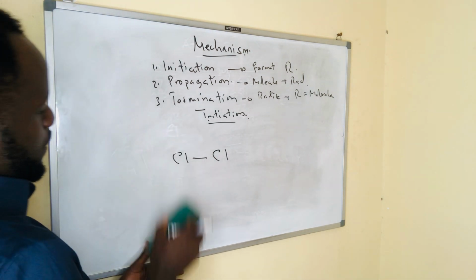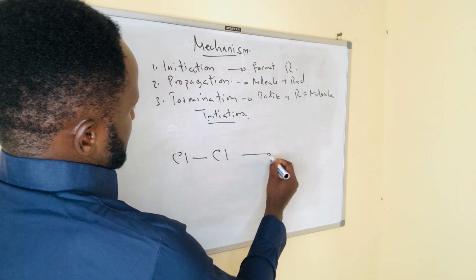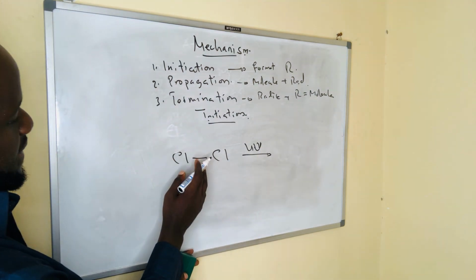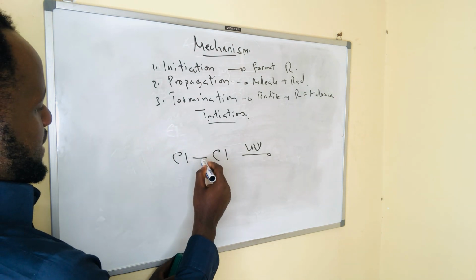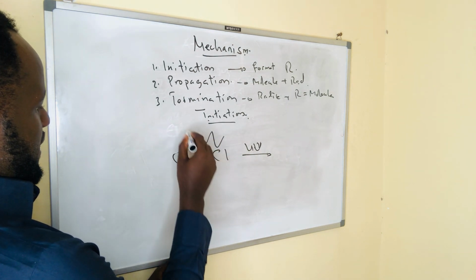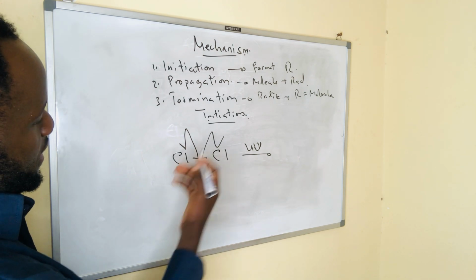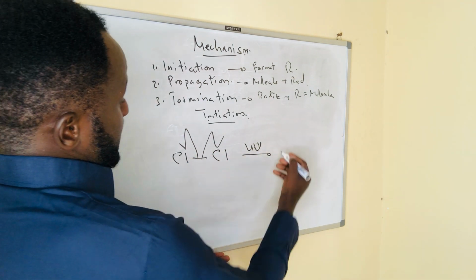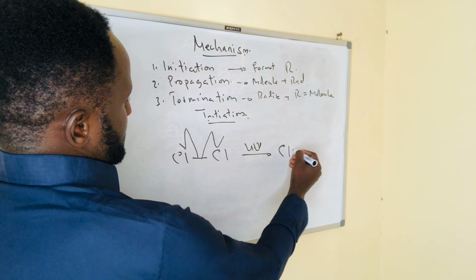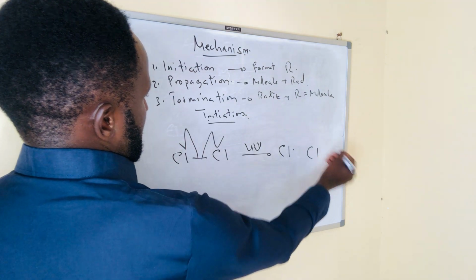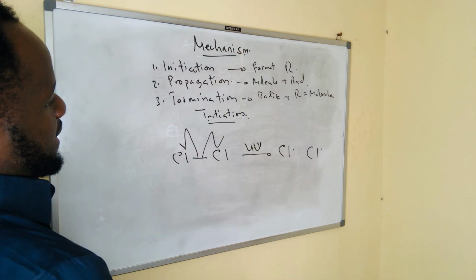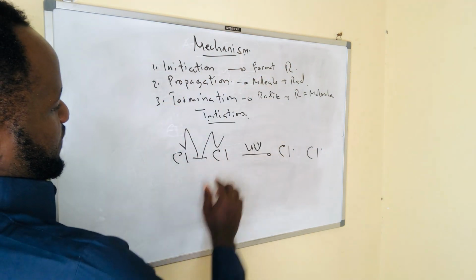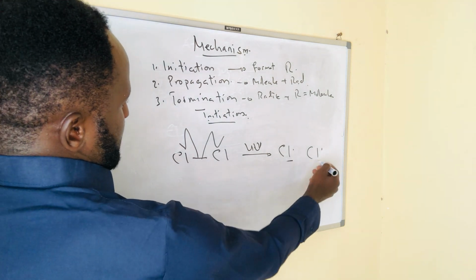Then we use, let's say, ultraviolet light, and the function of UV light is just to break this bond homolytically. It means every single chlorine will retain one electron from bond breaking. So here you will have chlorine radical. So in your initiation step, which is formation of radicals, now we have these radicals.